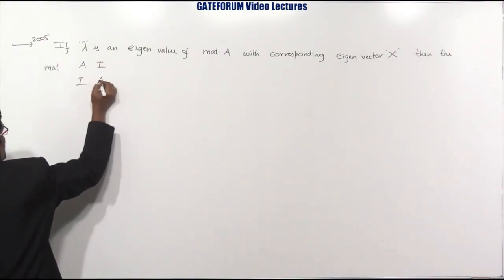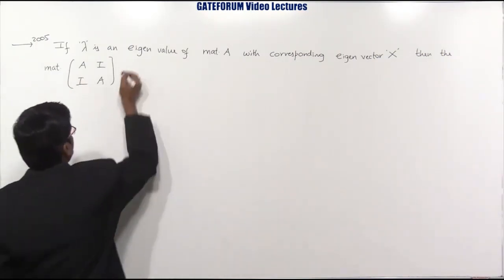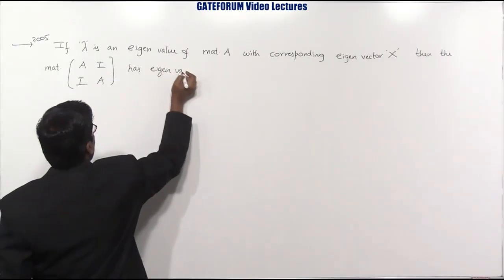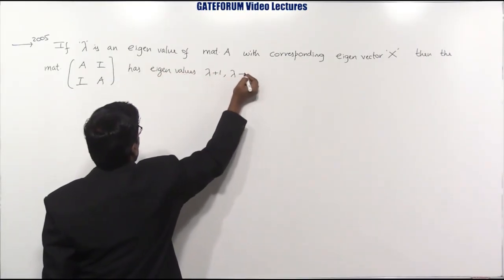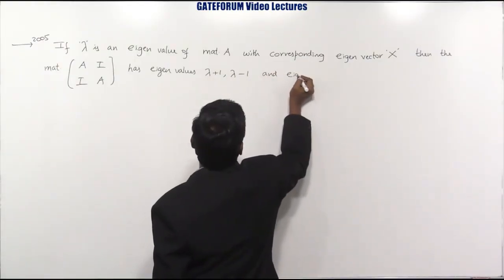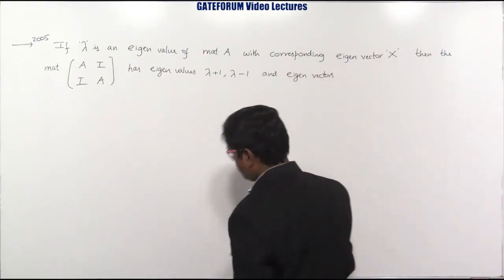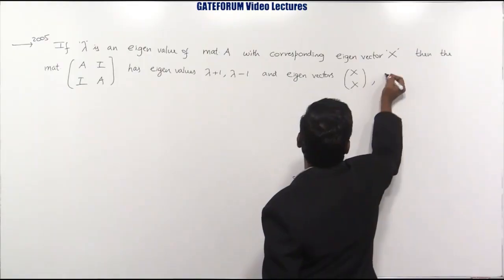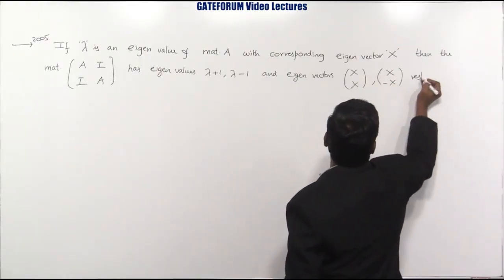For example, A is a 2 by 2 matrix, I is also a 2 by 2 matrix, has eigenvalues lambda plus 1, lambda minus 1 and eigenvectors x, x, respectively.